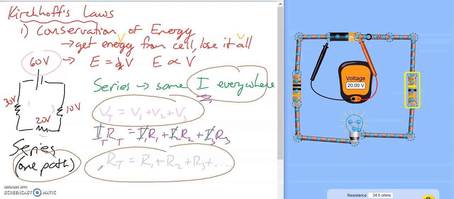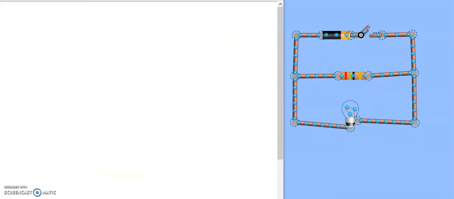Now, we're going to start looking at his second law, and this is where you need the second kind of circuit in order to analyze what's going on. For law number 2, we need a different kind of circuit, and some of you recognize that as a parallel circuit. But law number 2 is actually based on the conservation of charge. You can't gain or lose charge.